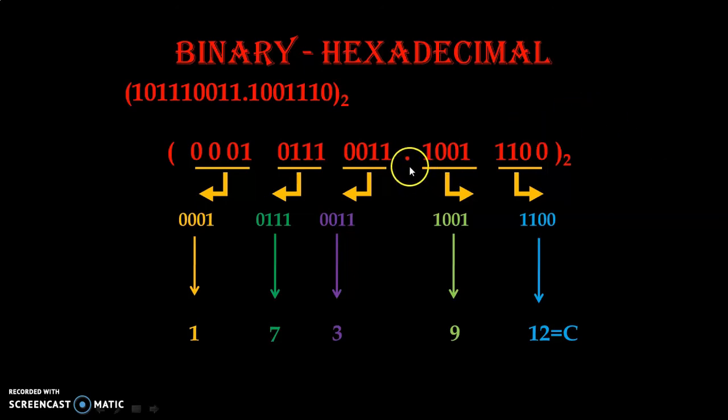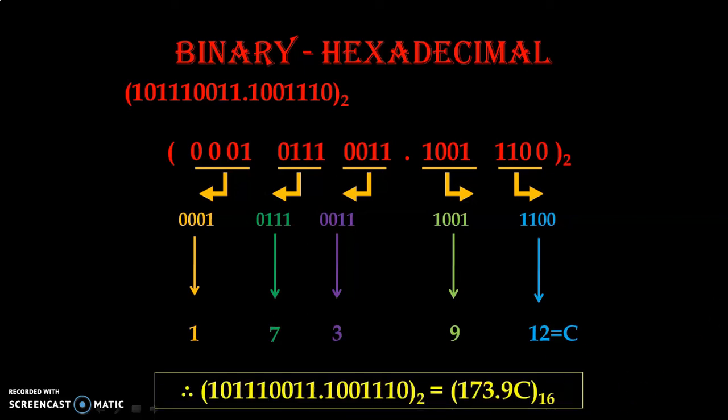We have fractional point at this stage. So same way we can use this point, a radix point, in our equivalent hexadecimal value. So we have 173.9C, that is equivalent hexadecimal value for a given binary number.